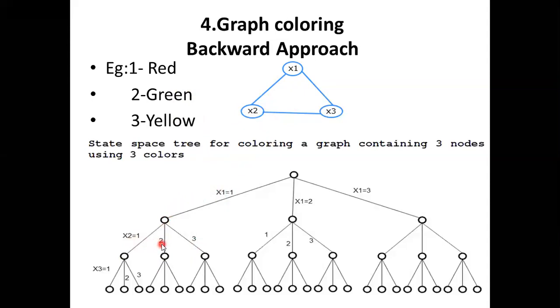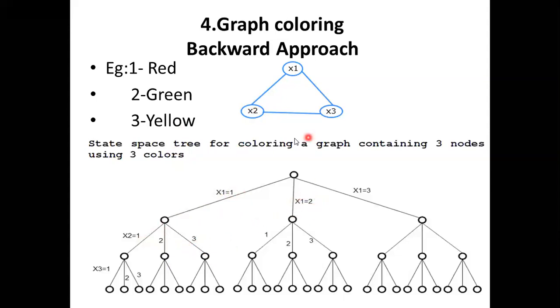Due to lack of space it is not written, do not be confused. Or I can give x2 is equal to 3, which means yellow. If x1 is 1, that means x1 is red, x2 I can use 3 colors. There is no way around it. That is why it shows x1 is red, x2 I can make red, green, yellow.